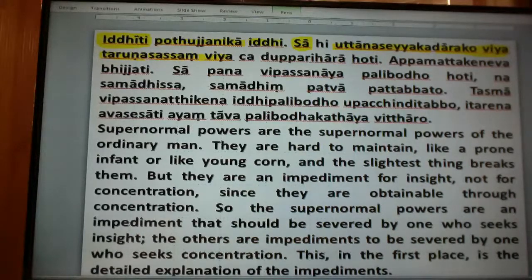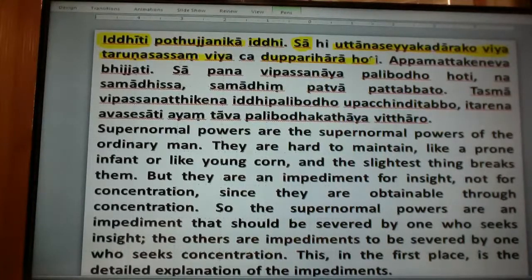We call it sassa in Pali. A very young plant needs great care. Without great care, it easily dies. So in that example, the supernormal power of the ordinary person is very fragile, very easy to break.